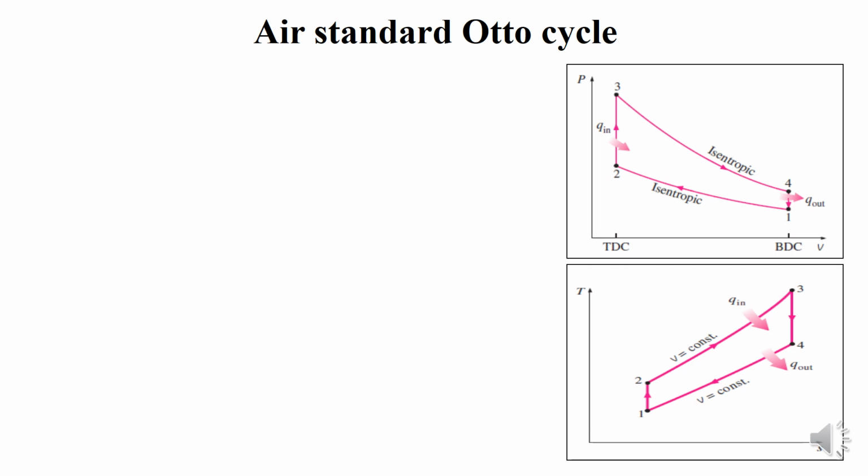Since 1 to 2 is a reversible adiabatic process, in the TS diagram it will be a straight line. And 2 to 3 constant volume heat addition, volume remains constant, temperature keeps on increasing. Next 3 to 4 expansion is also reversible adiabatic, hence it is a straight line. 3 to 4, and 4 to 1 is a constant volume heat rejection.